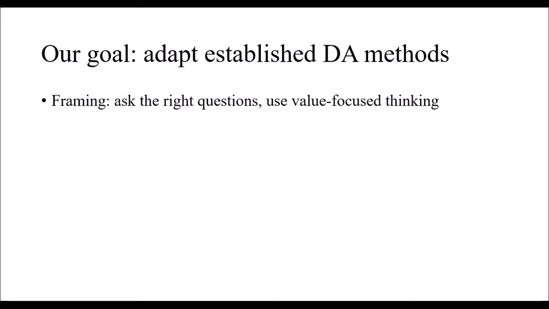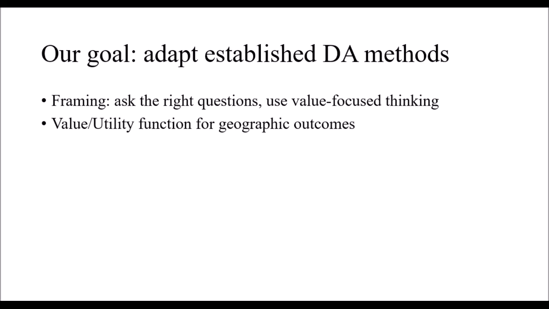So thinking about objectives and what the decision makers care about rather than focusing on the specific policy alternatives that are in front of us to help shape how we're measuring outcomes. All right. What that's going to suggest is we would like to be able to use a value or utility function that captures the relevant aspects of the geographic nature of these decisions.